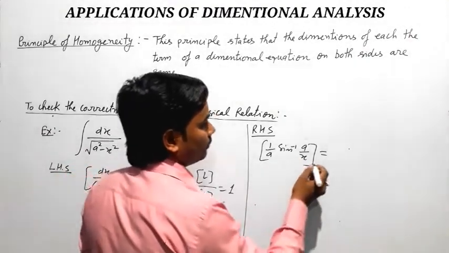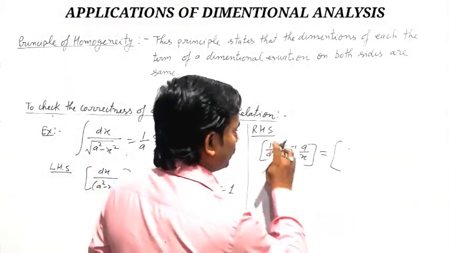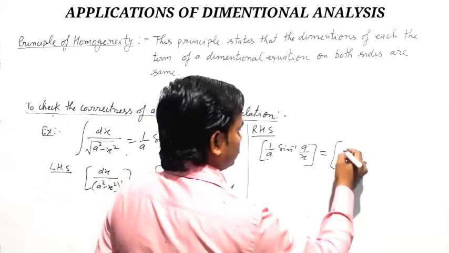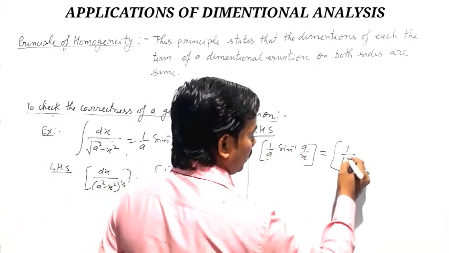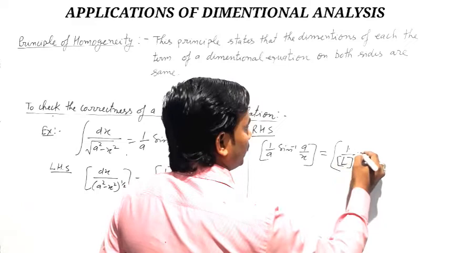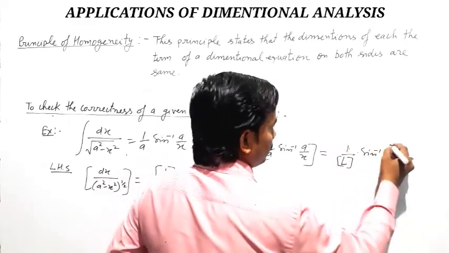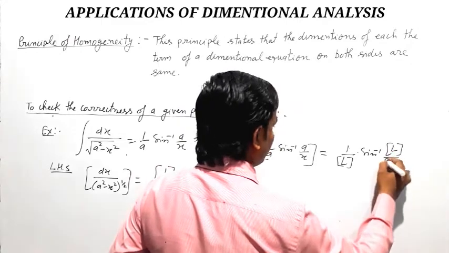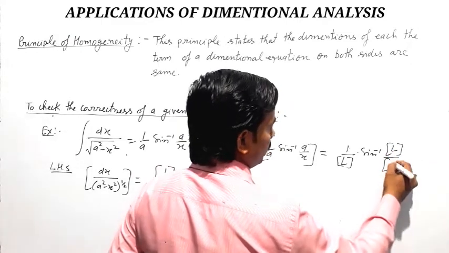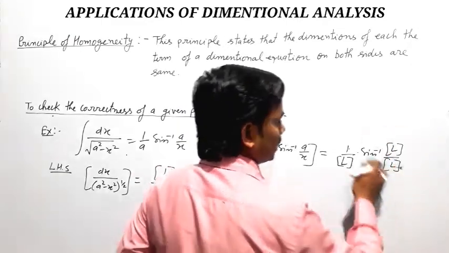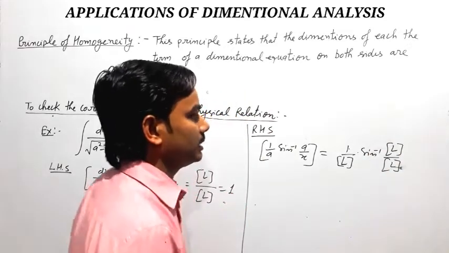So here we write the dimension of 1 upon a, this is 1 upon L. For sine inverse, the dimension of a is L and the dimension of x is also L, so this term becomes dimensionless.